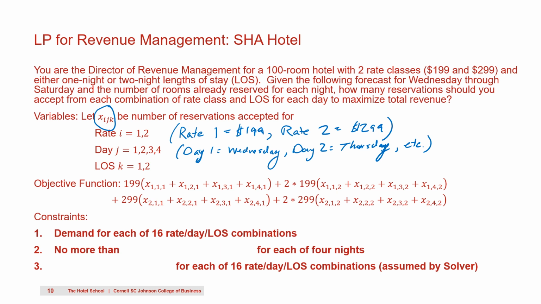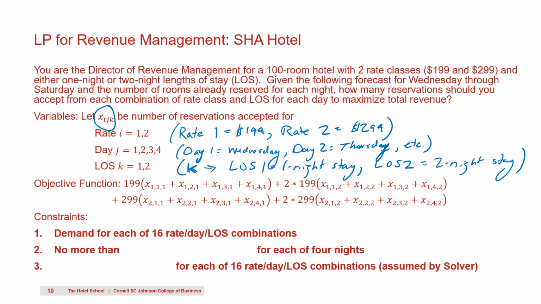And then LOS, our length of stay dimension, uses the variable k. For LOS 1, that's going to equal a 1-night stay, and LOS 2, so k equals 2, is equal to a 2-night stay.